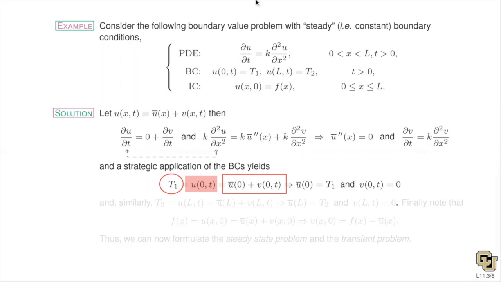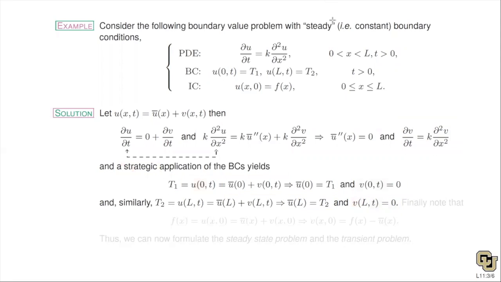So that's why I say to use a strategic application of the boundary conditions, and that's exactly why we pick V of 0 to be 0. Everything else that's left over, we put onto U bar of 0. Similarly, at the other end, the strategic application of the boundary condition. And that gives us also the boundary conditions for the steady state problem.